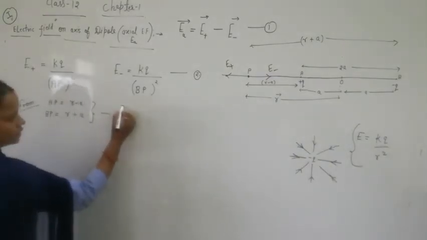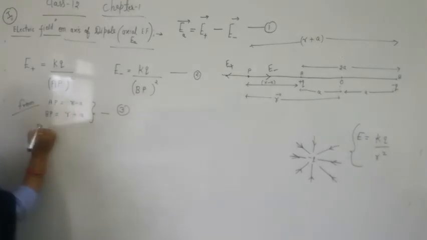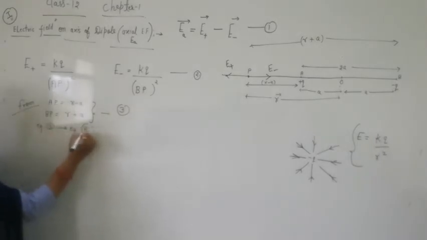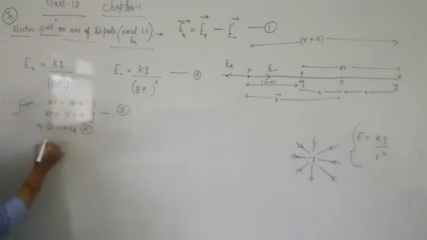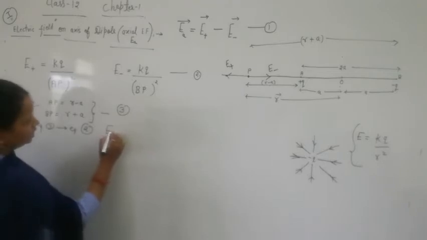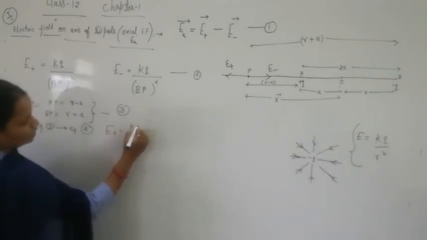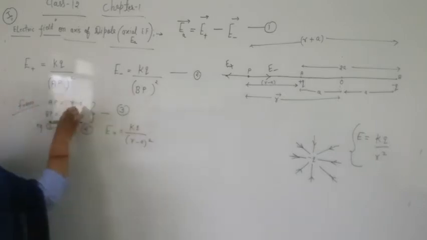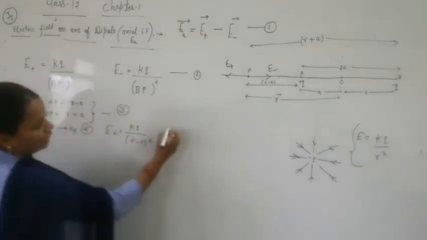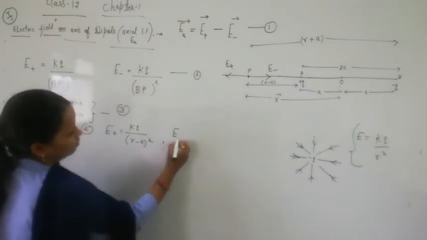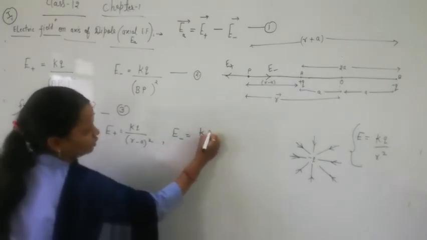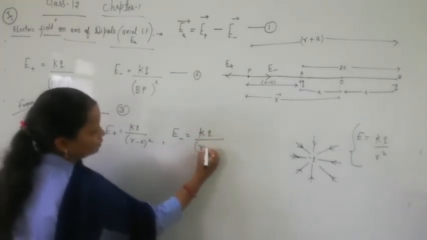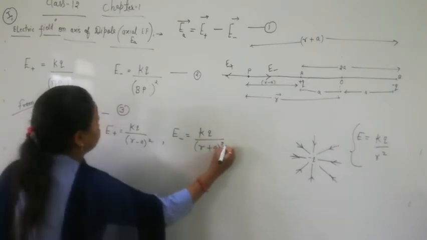Equation number 3 is considered, and we put the value from equation 3 into equation number 2. So E plus is equal to KQ upon (r minus a) square, and E minus is equal to KQ upon (r plus a) square.